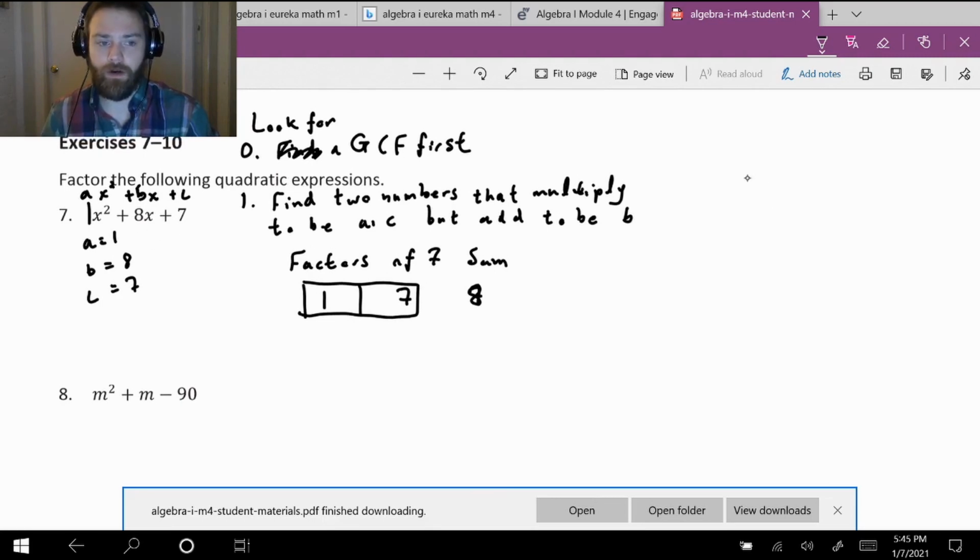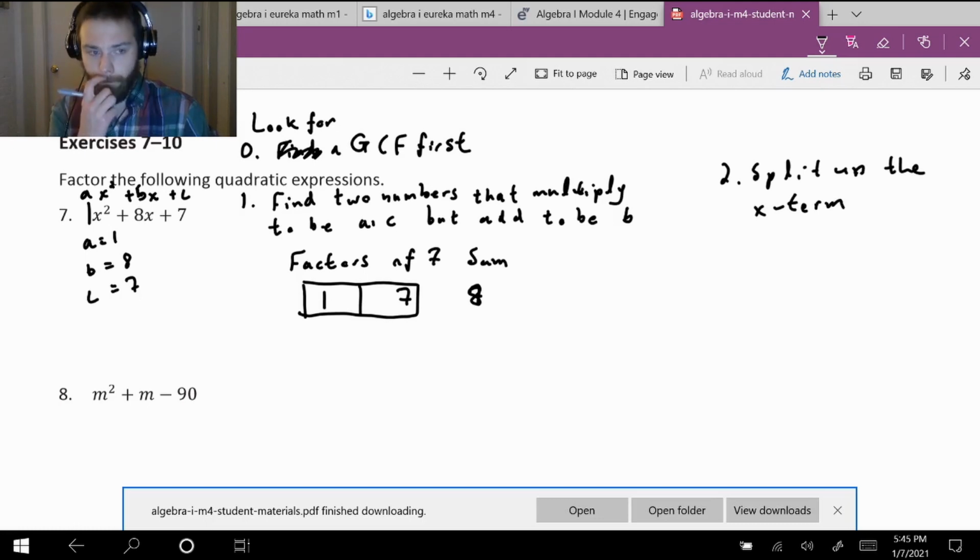So over here, step 2, split up the x term, or variable term. I've got x squared and then 7, and those two values are not the variable term.